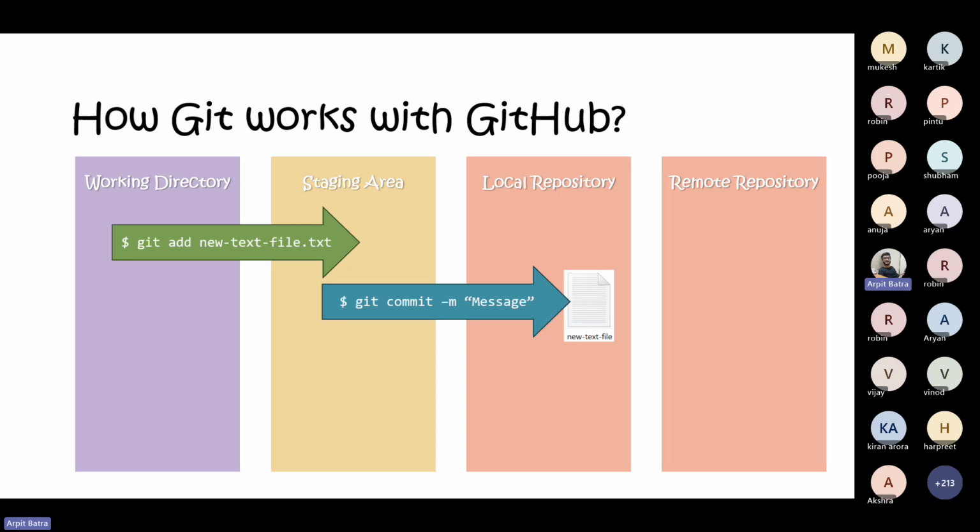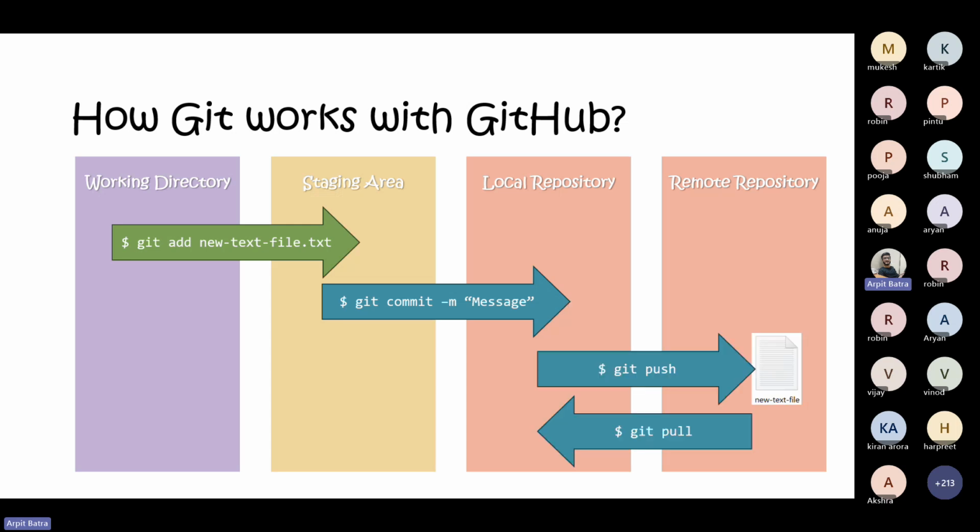So in how Git works with GitHub, these four are very important: the first one is the working directory, second is the staging area, third is the local repository, and the last one is the remote repository. I will again tell you about all these four things.